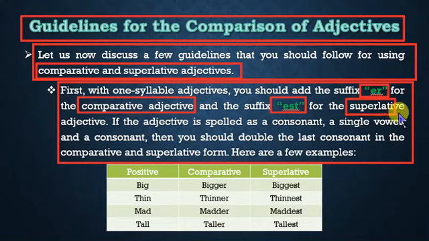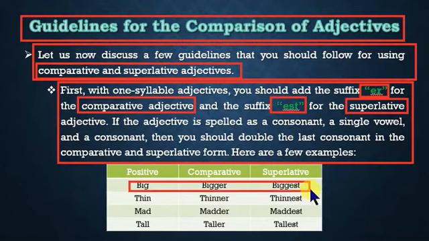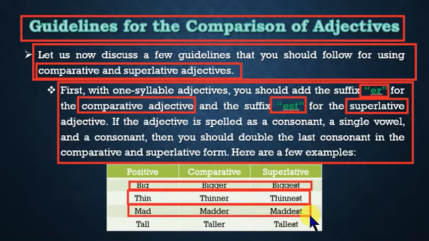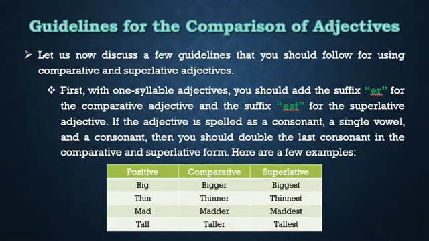If the adjective is spelled as a consonant, a single vowel and a consonant, then you should double the last consonant in the comparative and the superlative form. Here are a few examples. Big, bigger, biggest. Thin, thinner, thinnest. Mad, madder, maddest. Tall, taller, tallest. So we will move to the next slide.